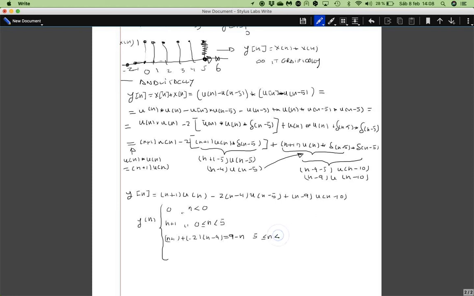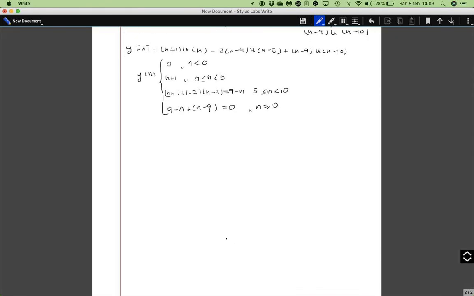So this will be up to 10, not including 10. What happens at 10? At 10, we will have the signal that we had before, so 9 minus n, and now coming into play the next one, which is n minus 9. So this is 0. So for n greater than or equal to 10, basically the signal is 0.